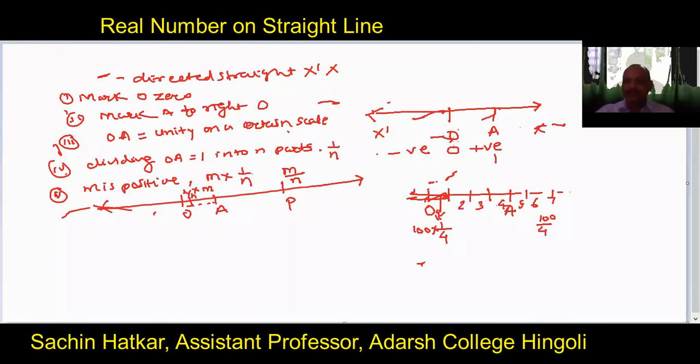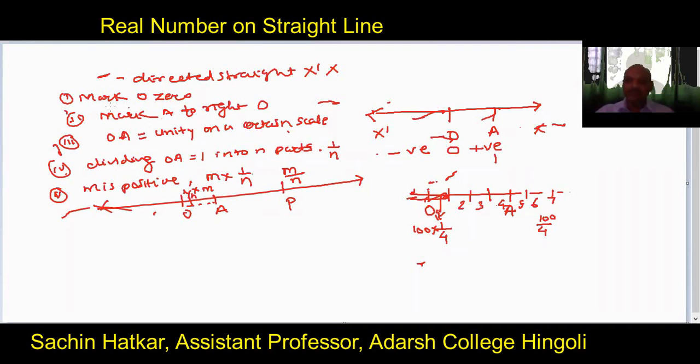This is my 0, point O, so that this directed line segment is divided into two parts. The right side of this O is called the positive side. The left side of this O is called the negative side.